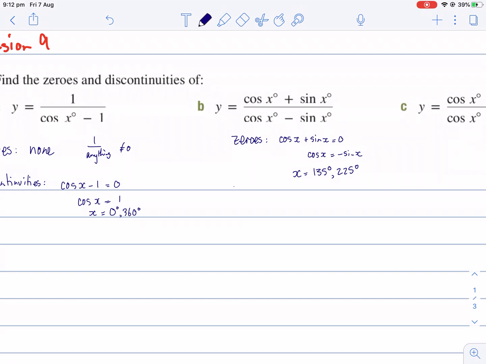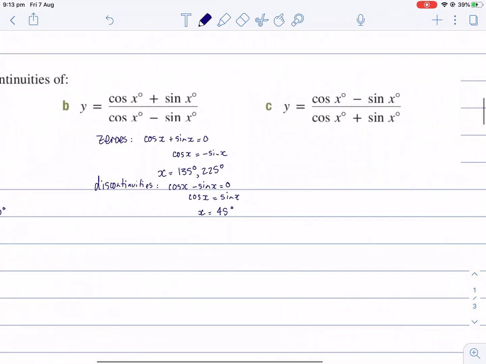And discontinuities, when the bottom line equals 0, so that's when cos equals sine, that's only at 45 degrees. They both come out as 1 on root 2.